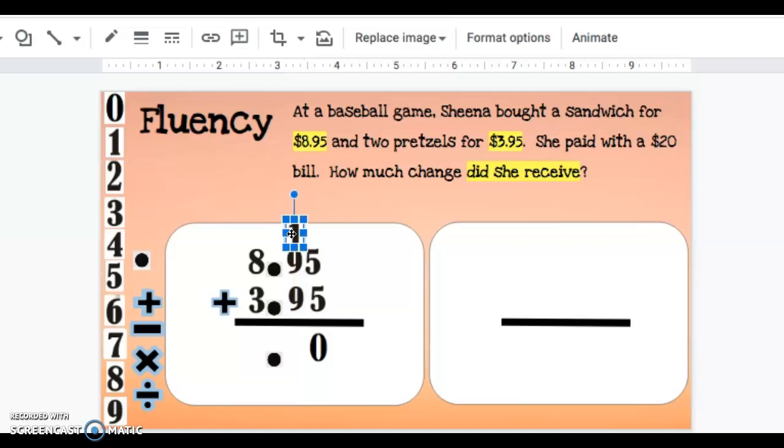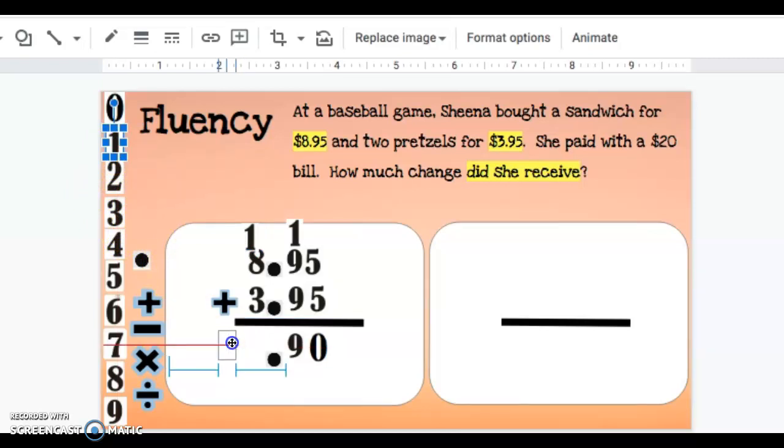So you get 9 plus 1 is 10, 10 plus 9, 19. Bring up the 1. 8 plus 1 is 9. 9 plus 3 is 12. So I put my 12 down.